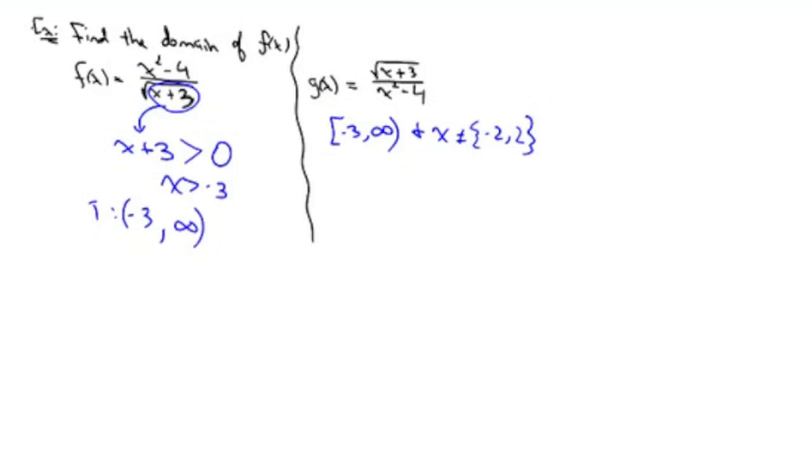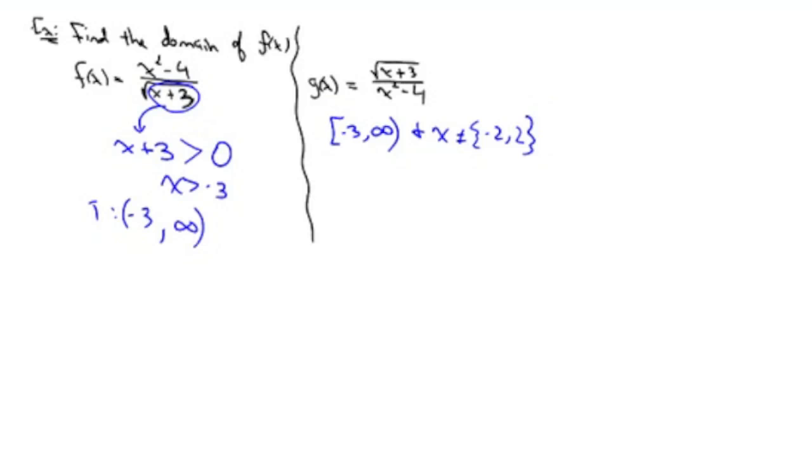Now, I need to take these two things and put them together as one answer. The top says I have to start at -3 and go to infinity. That's guaranteed. The right one says I can't have -2 and I can't have +2. Are -2 and +2 in this interval? Yeah, both of them are. I gotta get rid of both of them.